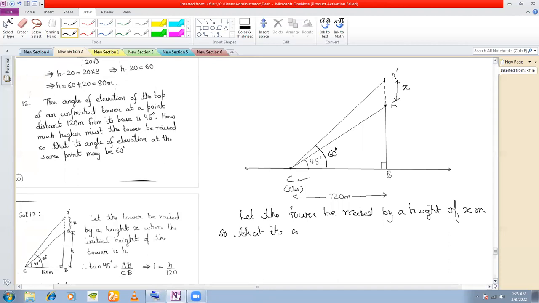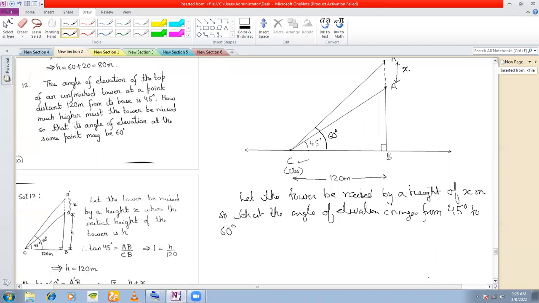so that the angle of elevation changes from 45 degrees to 60 degrees.